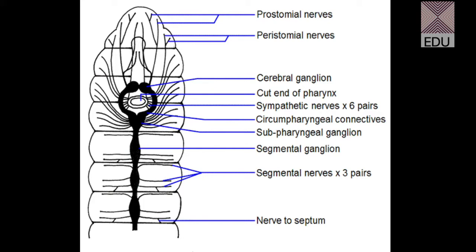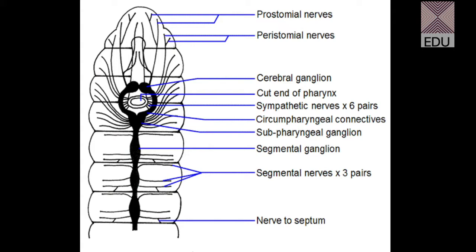That is a mesh of nerves present all over the epidermis and the wall of the alimentary canal. And the nerve plexus is connected with the peripharyngeal connectives. So that was the third part of the nervous system.